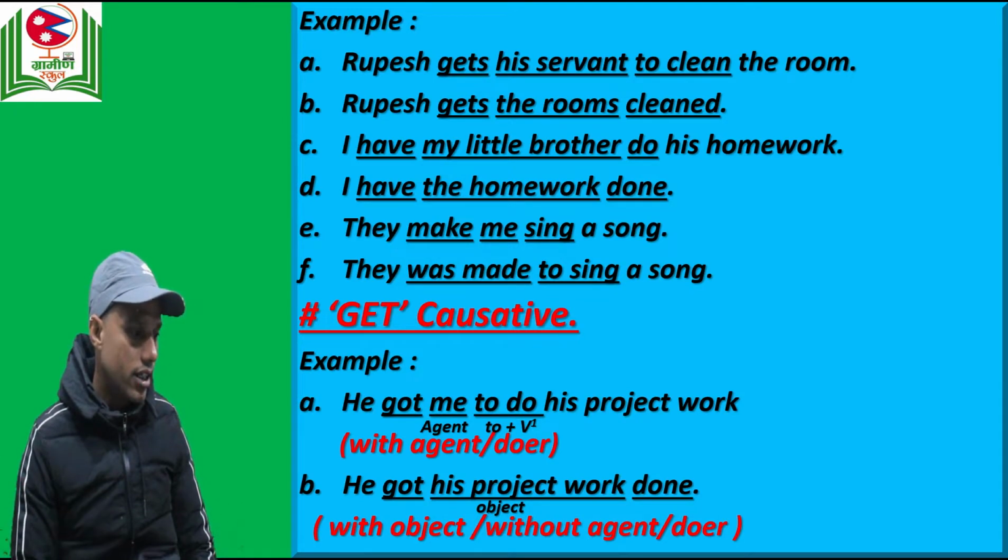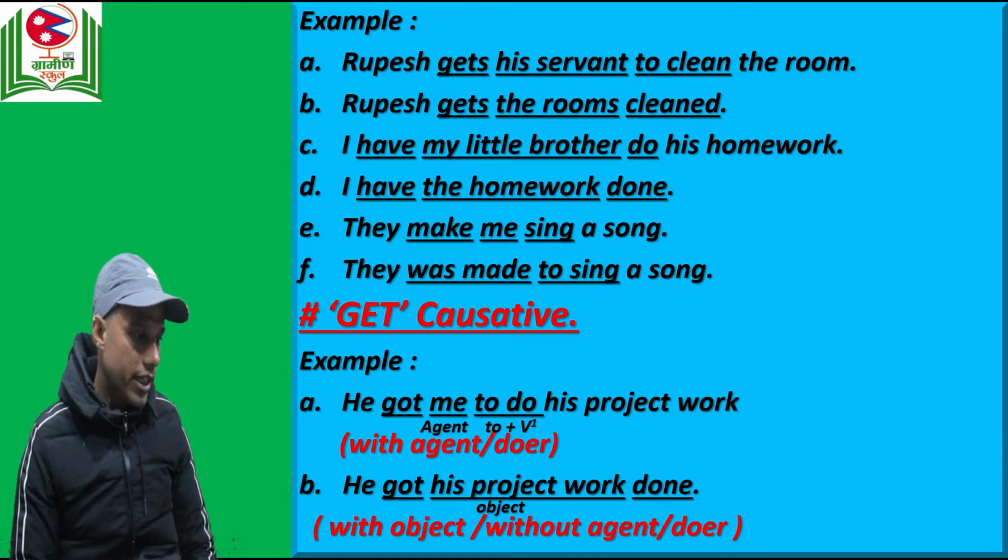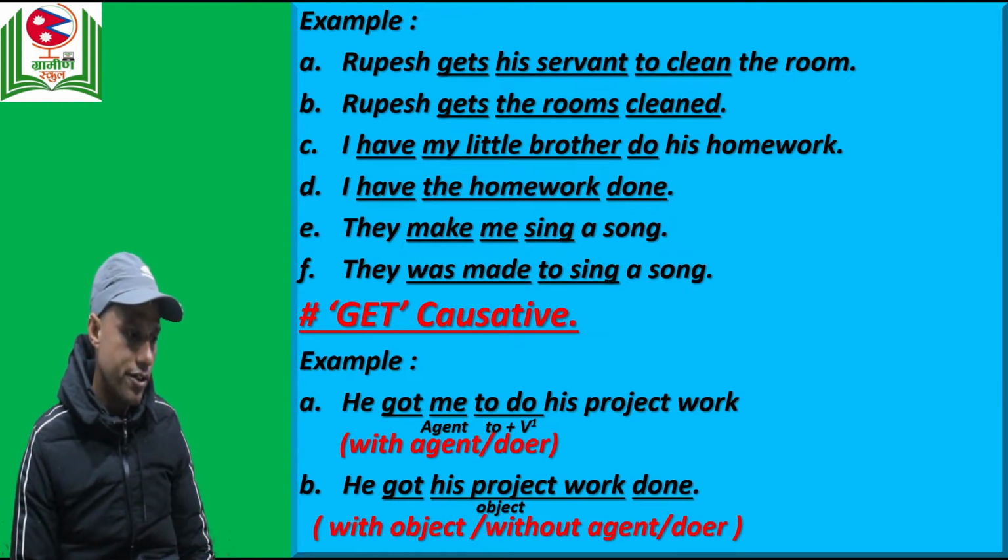Now let's see next two sentences where we have used the causative verb make, right? Number E, we have they make me sing a song. Yes, make me. Me is the doer or agent, so we have used only bare infinitive after this, right? And number F, I was made.